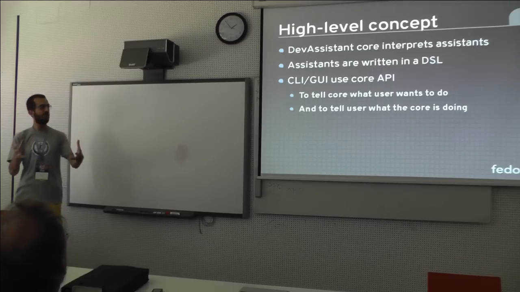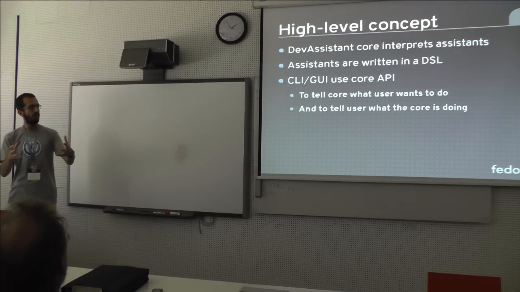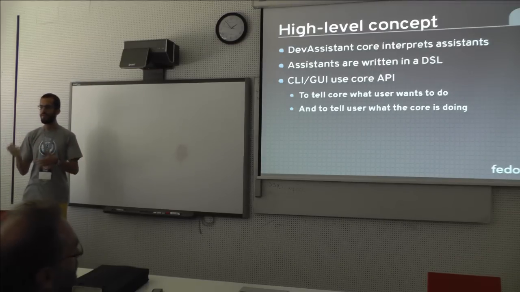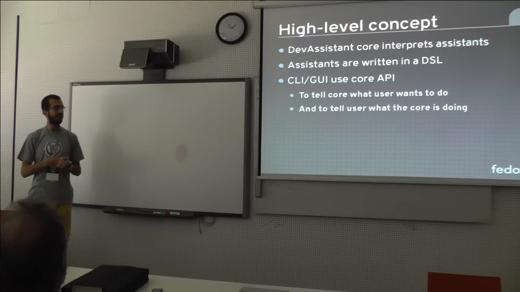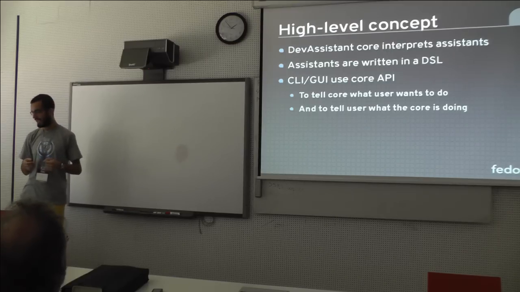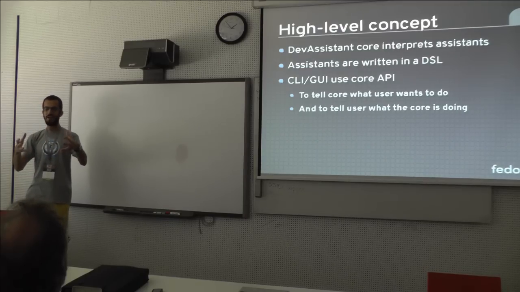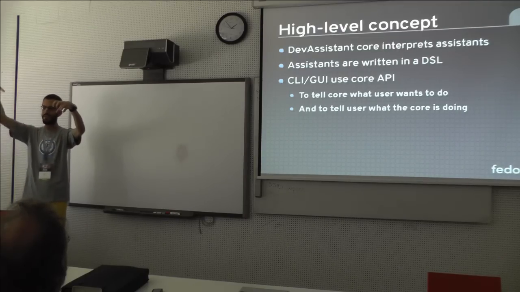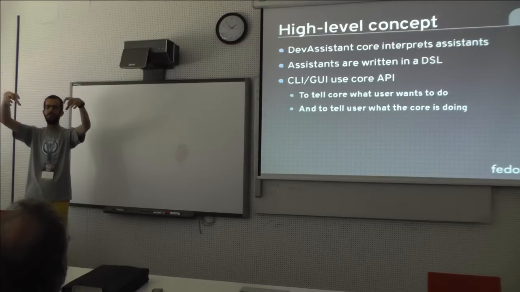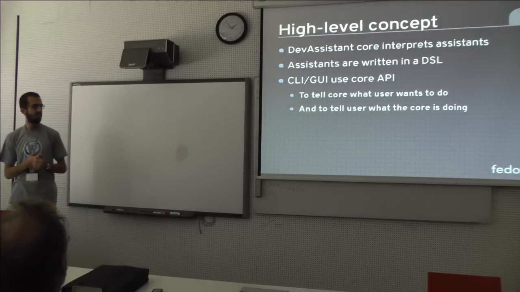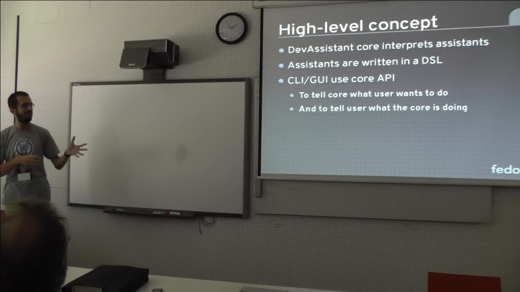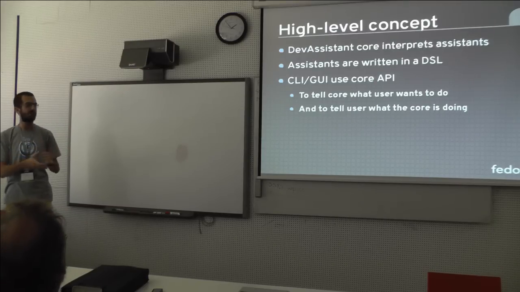So we have DevAssistant core, and we have the command line interface and the GUI, which is written in GTK3. The core has an API, and the command line interface and the GUI sit on top of it. The core itself is pretty much independent of the UI that the user chooses to use, so everything works the same way.